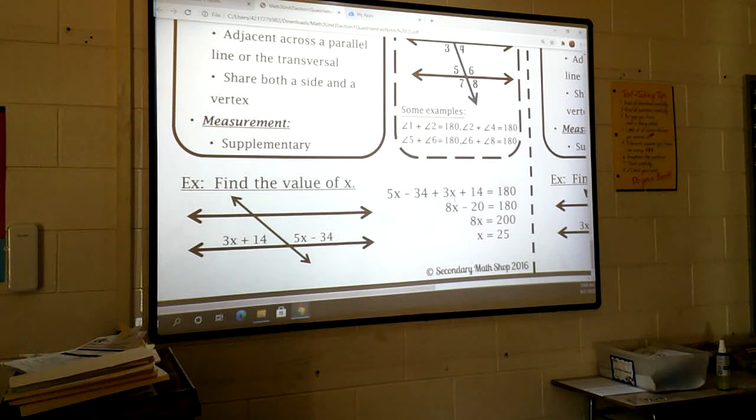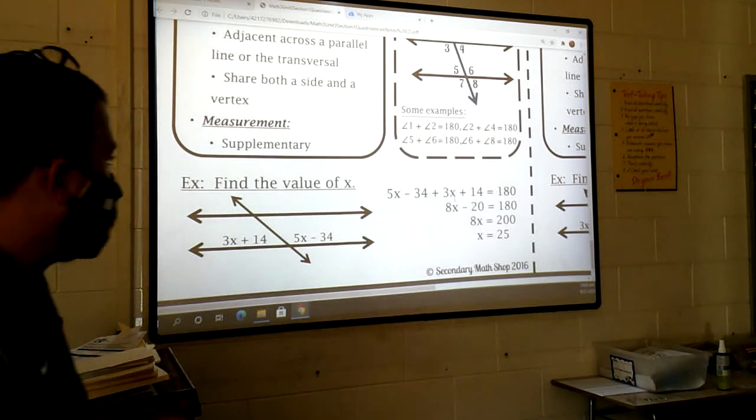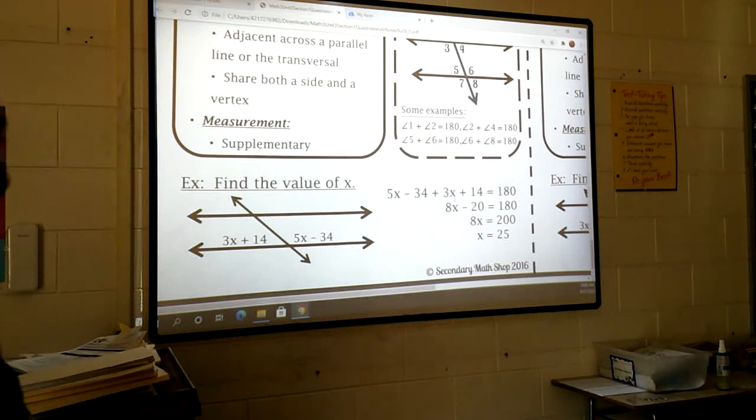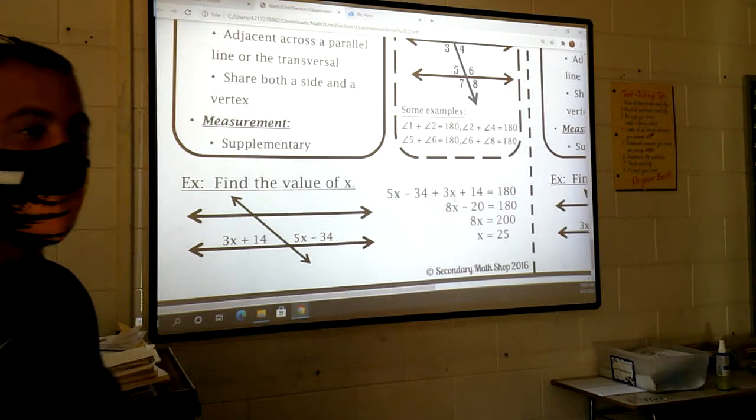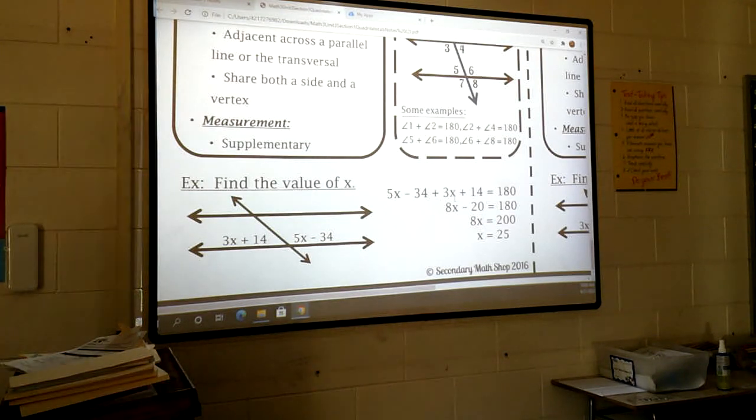So those are your congruent ones, the ones that are same. Then you have consecutive angles that are supplementary, and you have linear pairs or adjacent angles that are supplementary. So we had 6 different types of things that can happen, and 4 of those, they are equal to each other. They're congruent. In 2 of those, they add up to 180.